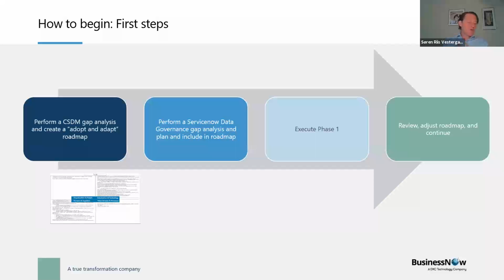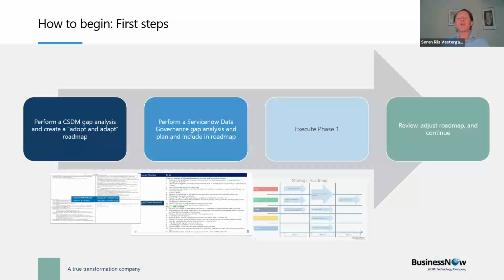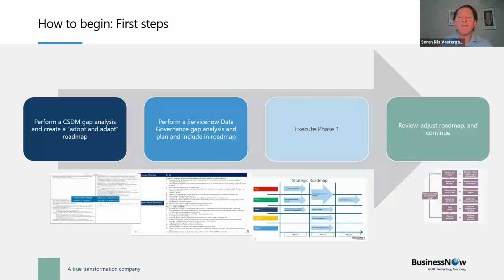So in order to give you something to act upon after this webinar, we suggest that one approach could be creating a CSDM gap analysis to say how far or how close we are to the CSDM recommendations at this point in time, and what we can do to close the gap using a roadmap.